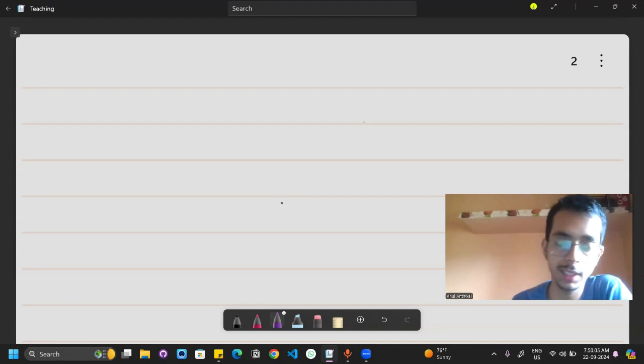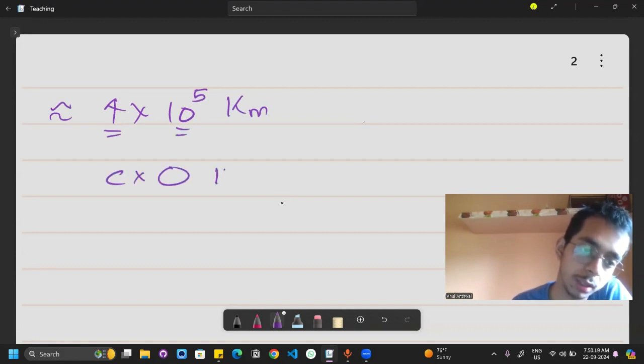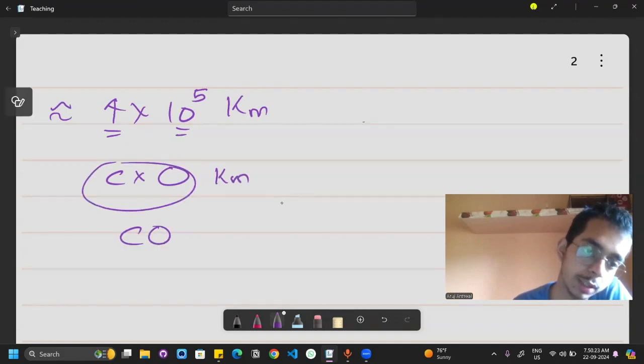We have seen that the distance between the Earth and the Moon is 10 to the power 5 kilometers, approximately. So what is this? This is the order, and there is a constant multiplication. You can write it as C times 10 to the power 5 kilometers.